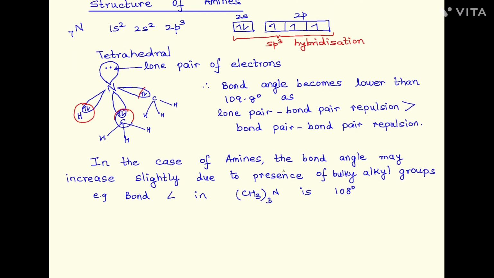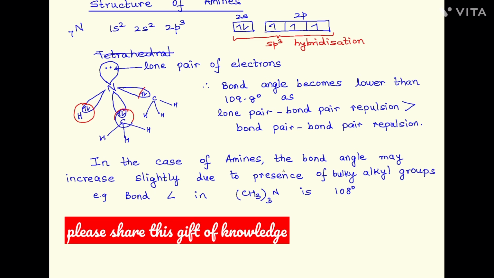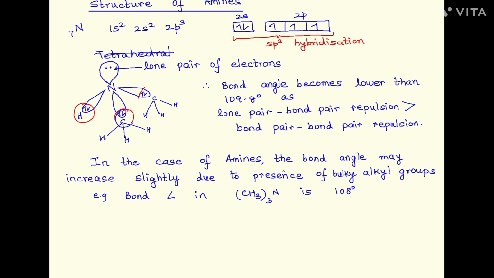In the case of amines, what happens is the bond angle, depending upon the size of the alkyl group, could be a little bigger than the standard bond angle in the case of ammonia. So remember that the structure is no longer tetrahedral, it's still a pyramidal structure.